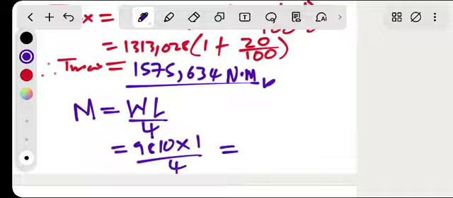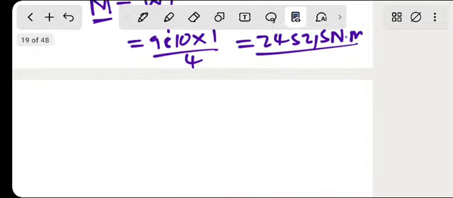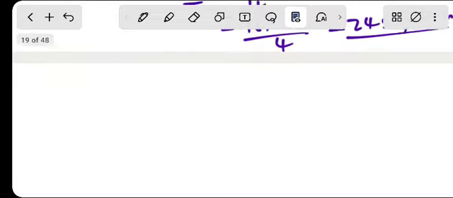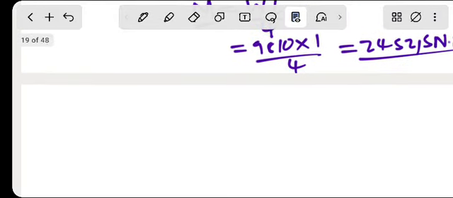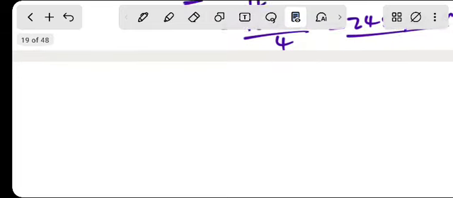If you punch that in, the maximum bending moment will be 2452.5 Newton meter. We've discussed that a lot.